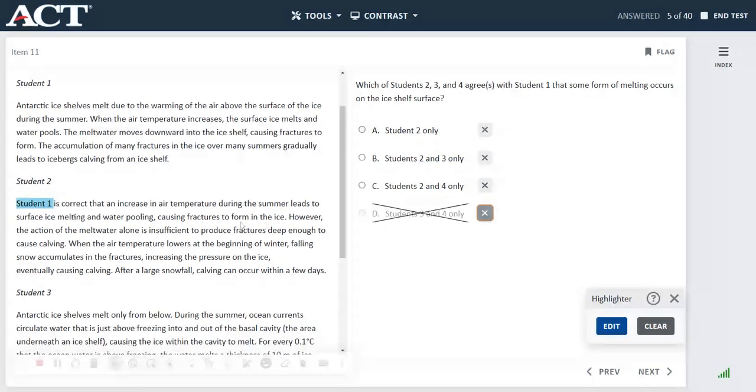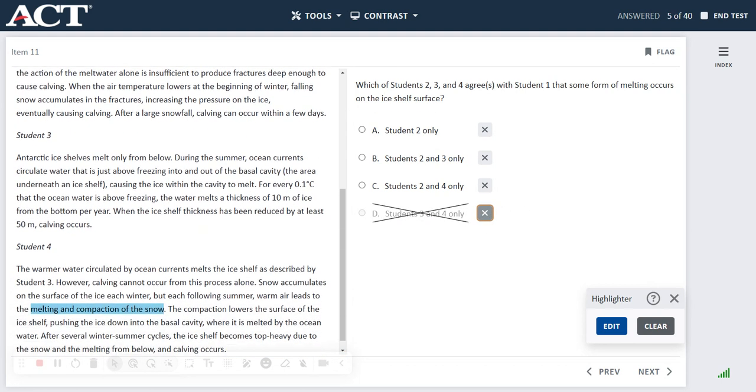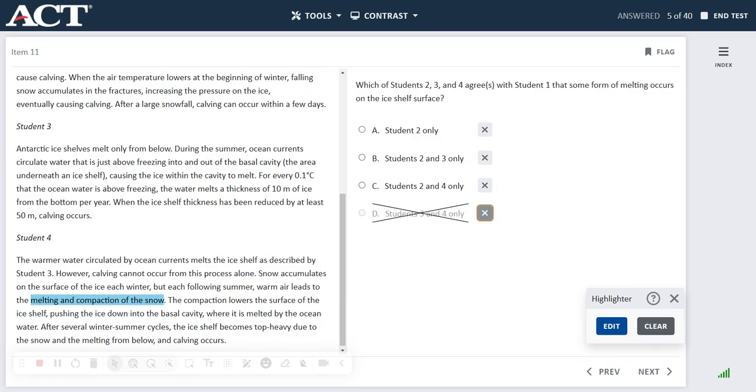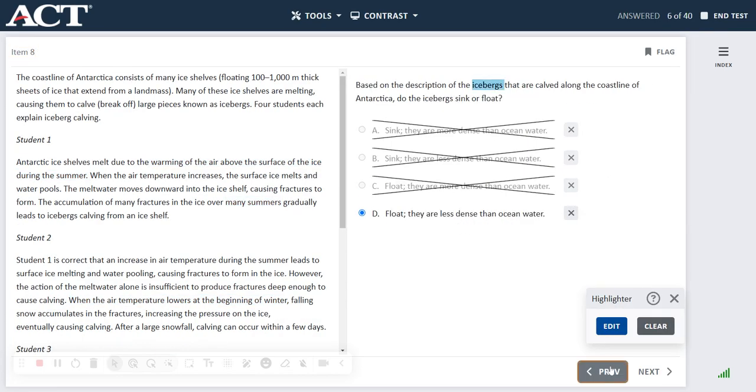Now do we know about student 3? Student 4 says melting and compaction of the snow is on the surface, right? That's what causes the weight. So student 4 has that happen as well. So it's going to be student 2 and 4. So C.